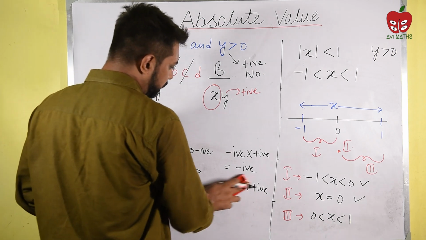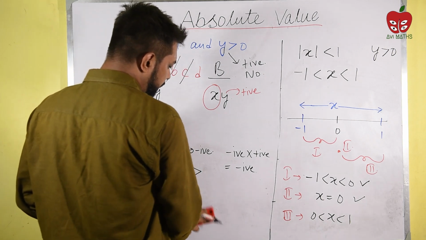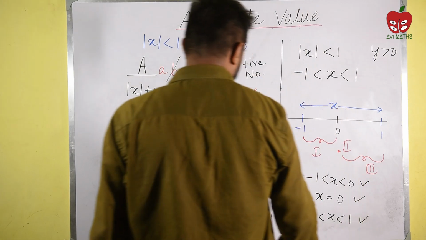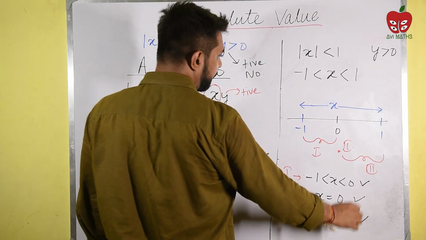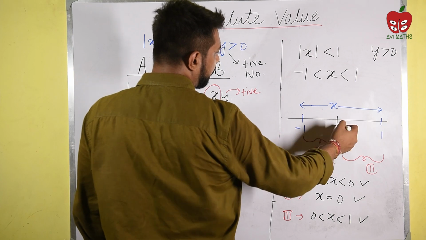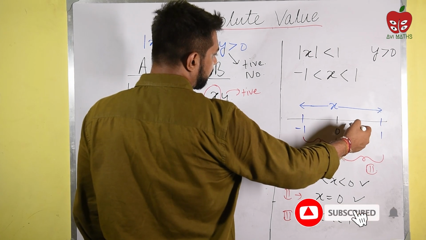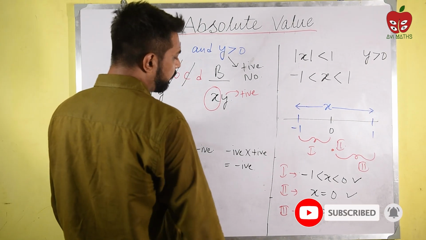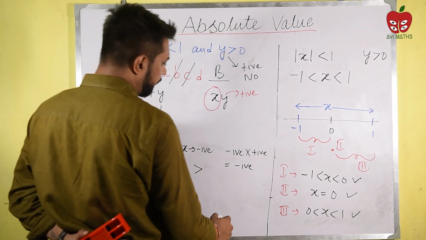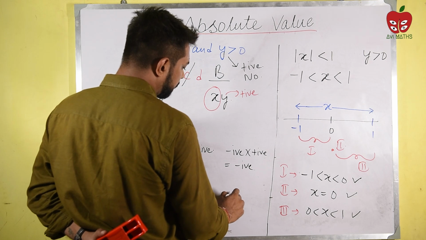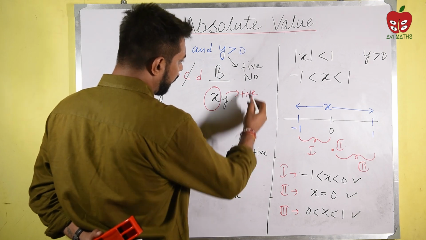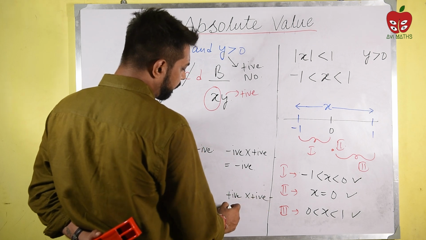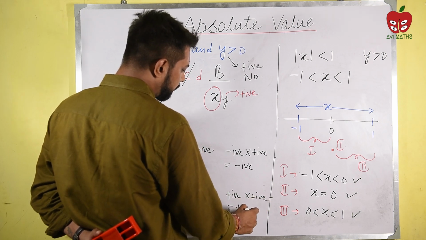So let me remove this so that I get some space for the next part. Now check for the next part. When the x value is from 0 to 1, that means this portion, the nature of x is positive. So x is positive and y is also positive, and positive into positive will be positive.